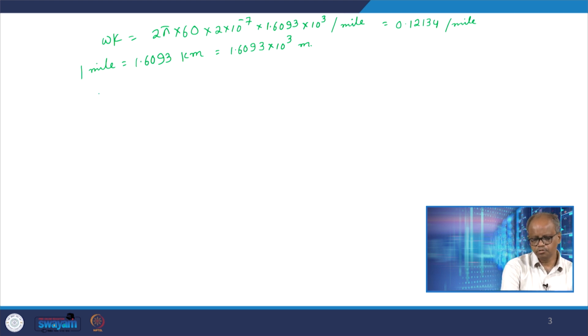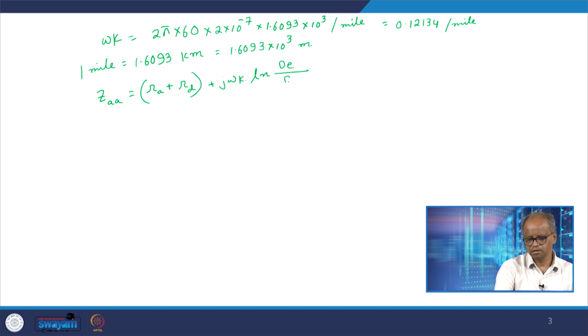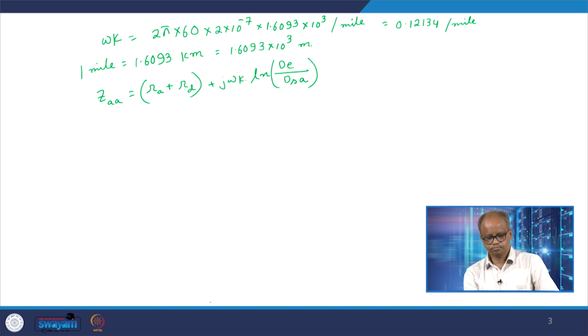Now, what would be the value of ZAA? As we know, it is RA plus RD plus j omega k log dE by dSA, right. That was the expression.